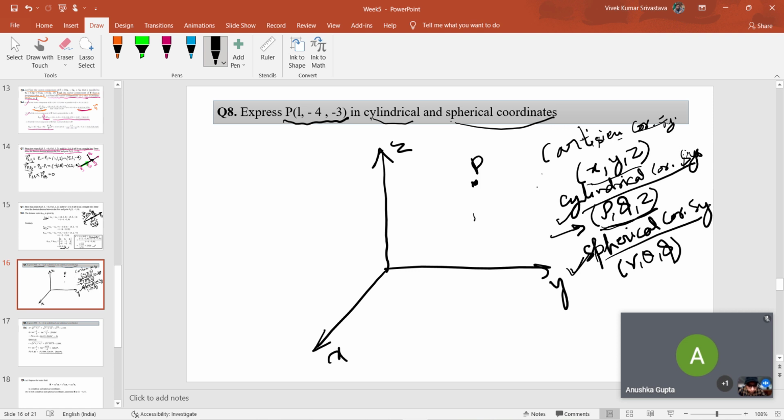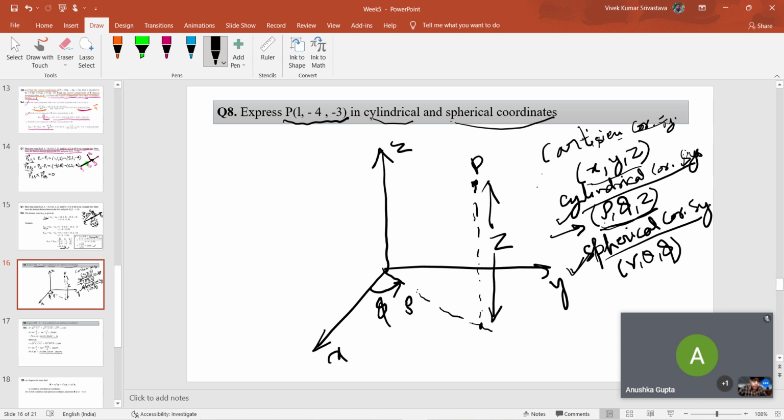Okay, so first of all, for finding out the value of rho, phi, z from this Cartesian coordinate point, you have to first resolve this point in the xy plane. So this represents the rho, and this represents the phi, whereas this distance is z.